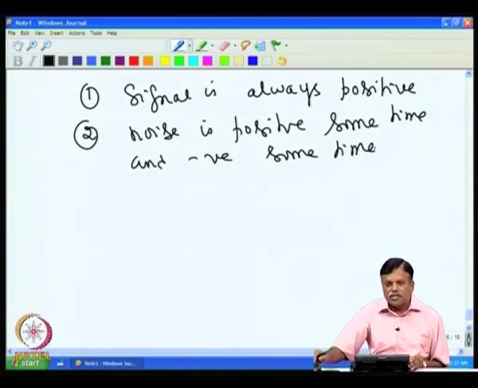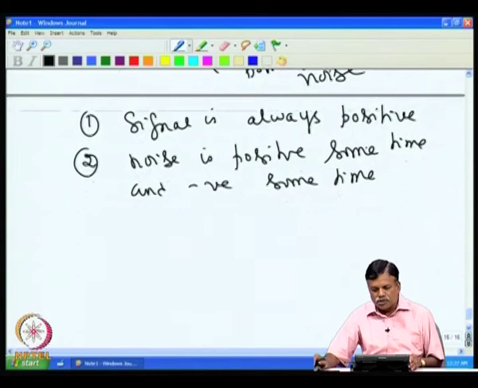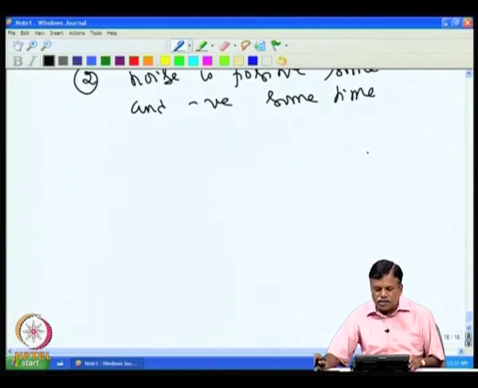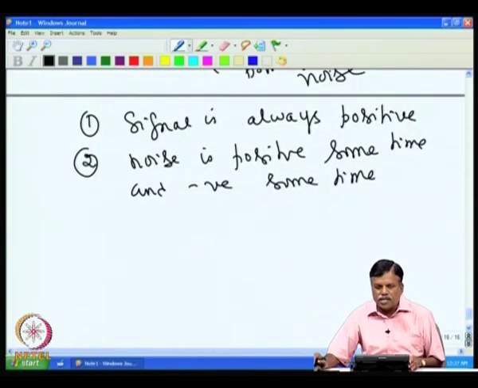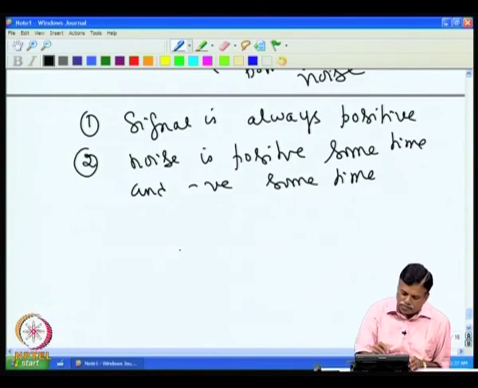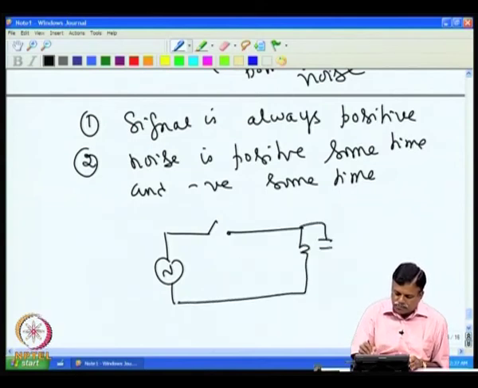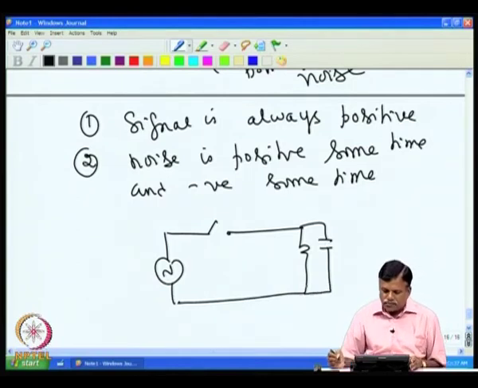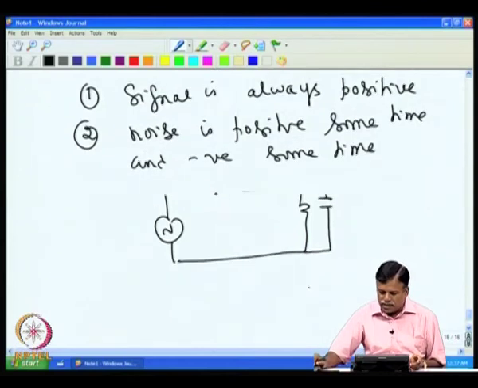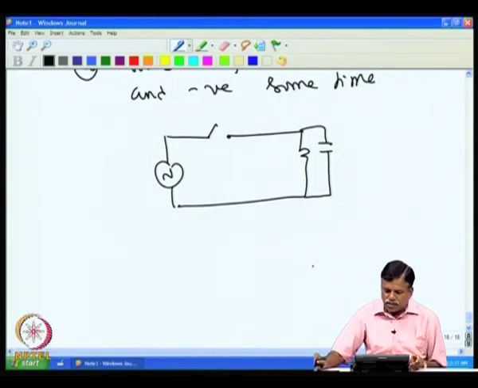So, if I average the signal at the output, the signal is continuously added because it is positive. So, what can be done is that I will have a signal and the switch like this, and then I will keep a capacitor here so that I can also do the filtering, because I want to store the average of the signal plus noise.